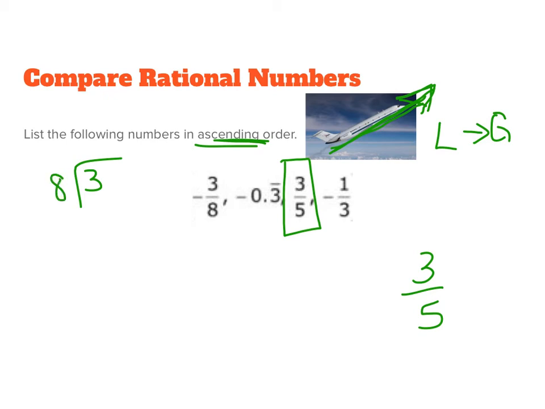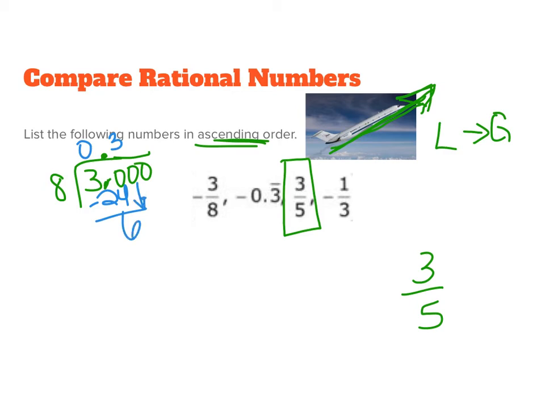So top in, bottom out, you put your decimals, you put your zeros, you divide. So let's go ahead and divide that. 8 into 3 is 0 times. 8 into 30 is 3 times. Remainder is 6.